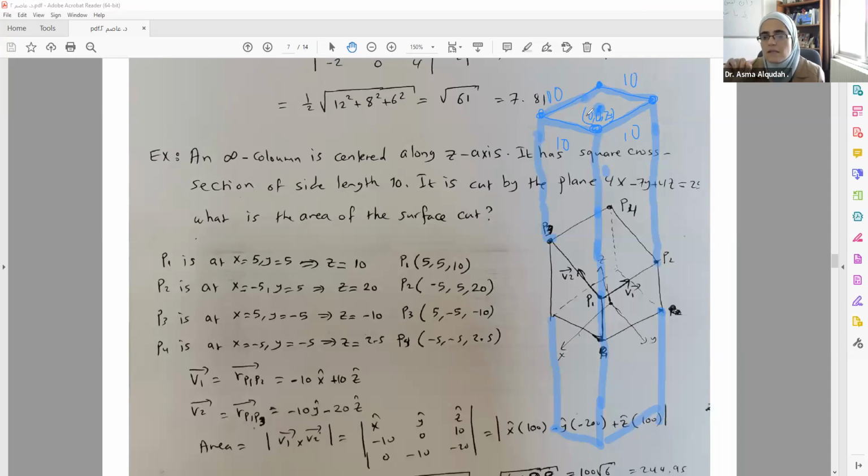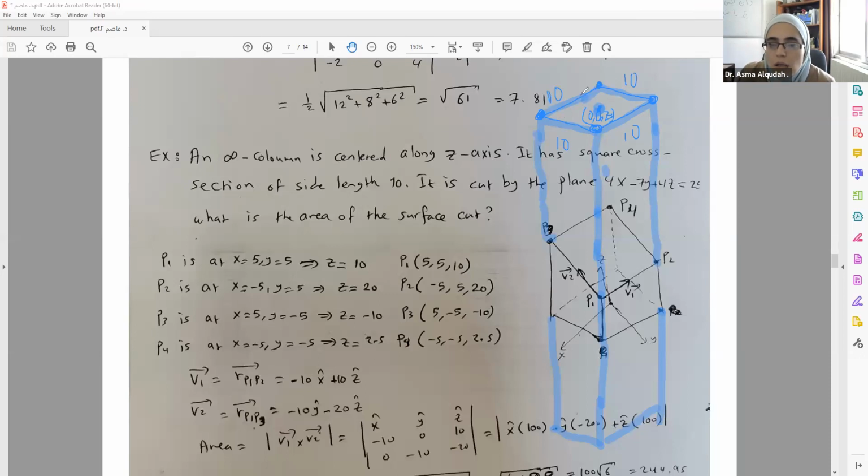The x component is 0 and the y component is 0 because this is the center, and it has some height which is z.